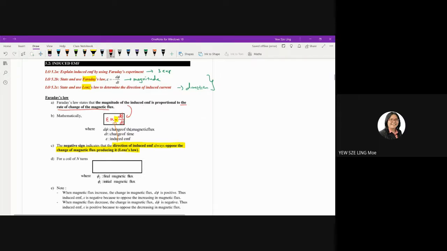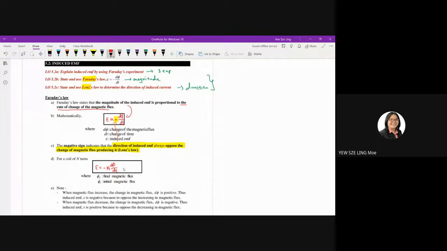So it is the rate of change in magnetic flux. That's why you need to understand what magnetic flux is first. By changing the magnetic flux, you will be able to generate induced EMF. For a coil of N turns, EMF is equal to negative N d phi over dt.